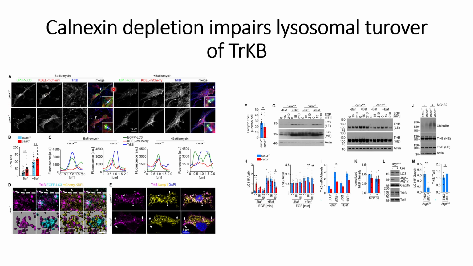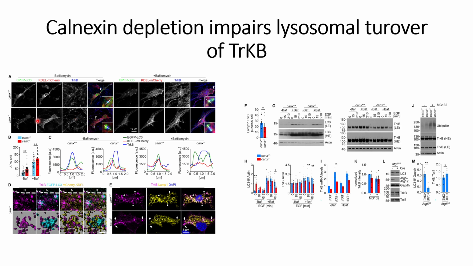In the wild type cells, they are able to see an almost complete overlap of all three, that is LC3, KDEL-mCherry and TrkB, which is an indication of autophagosomes.